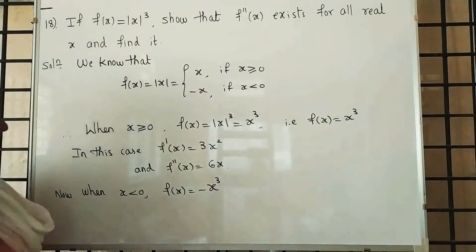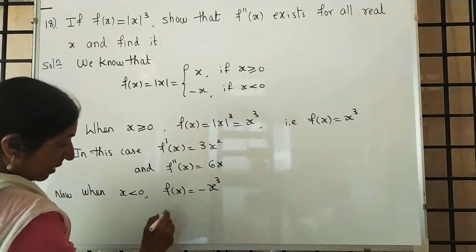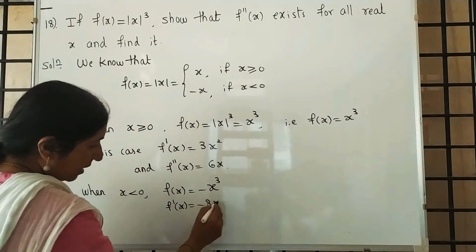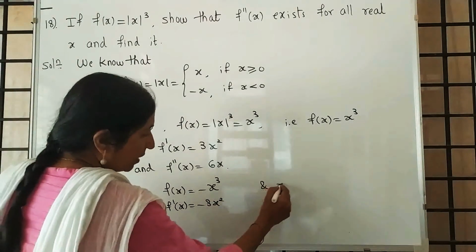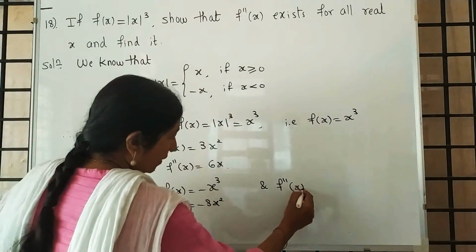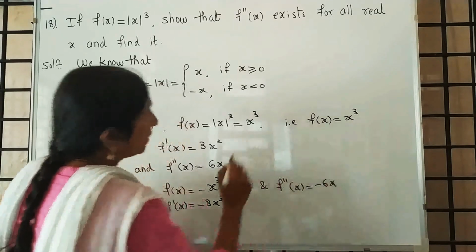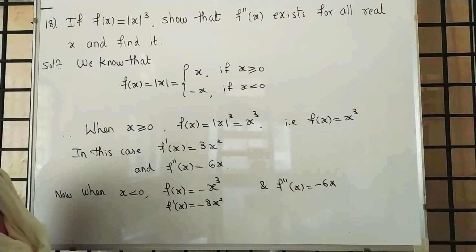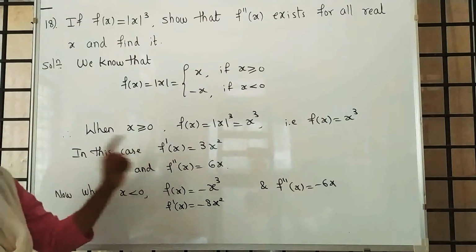Is it clear? Mod of x whole cube is minus x cube. F dash of x is minus 3x square and f double dash of x is minus 6x. That means if f of x is equal to mod x whole cube, then f double dash exists and is defined as.